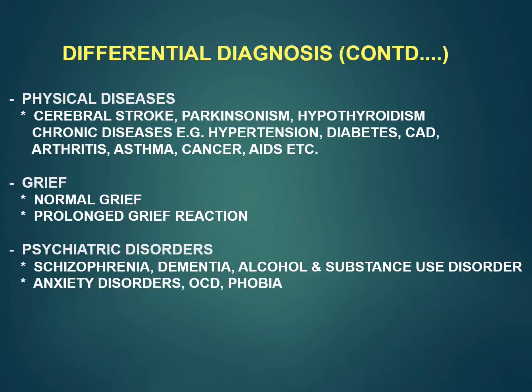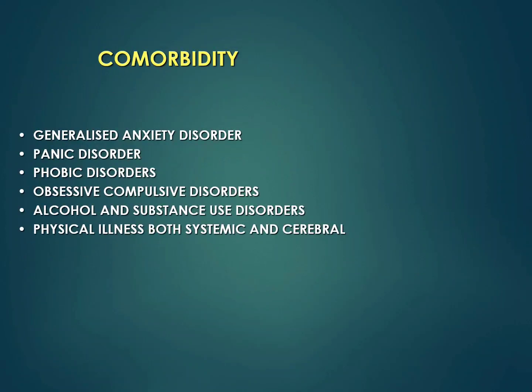OCD also has depression, phobias also. These are other comorbidities with depression: generalized anxiety disorder, panic disorder, phobic disorders, obsessive compulsive disorders, alcohol and substance use disorders, physical illness, both systemic and cerebral illnesses.